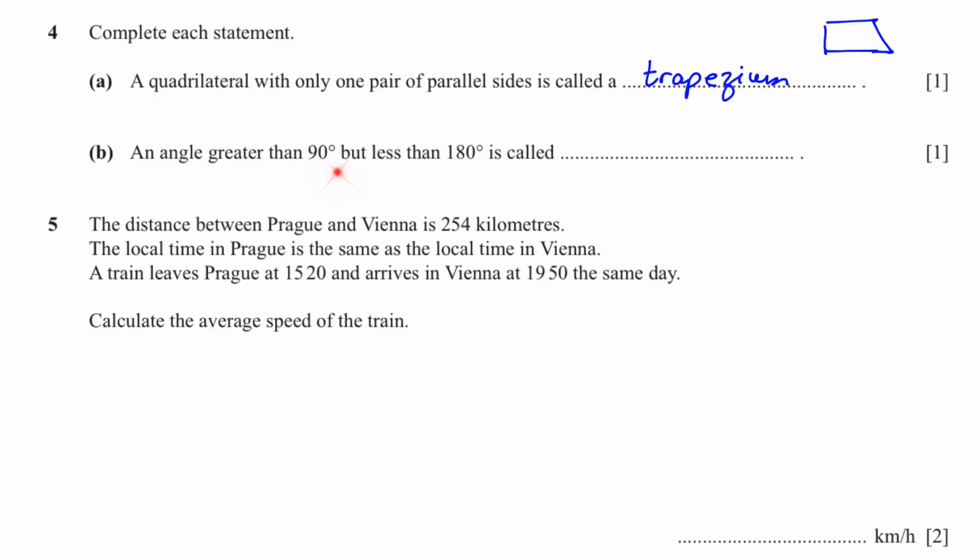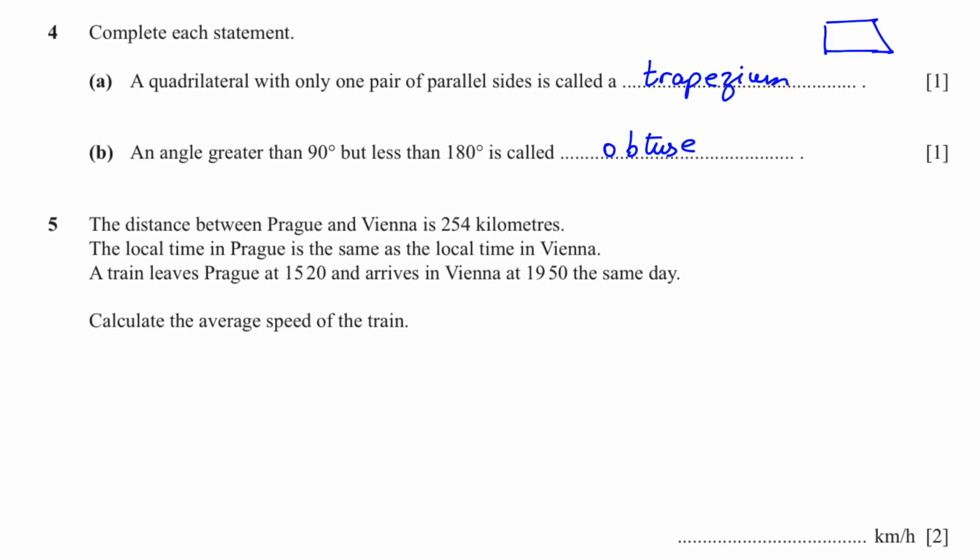An angle greater than 90 but less than 180 is called an obtuse angle. What about an angle that is less than 90? That is an acute angle, and 90 degrees is right angled. And if you have more than 180, it's a reflex angle.